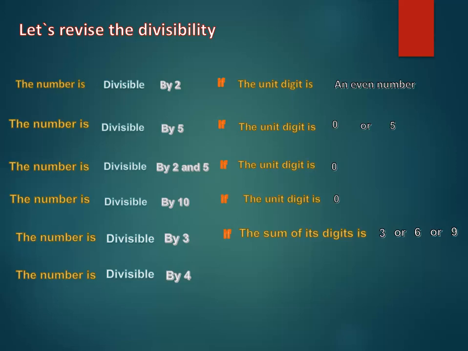But 123 is not divisible by 4 because 23 is not in table 4. Also, if the unit and tens were two zeros, like 100, 200, it is also divisible by 4. So the number is divisible by 4 if the unit and tens form a product in table 4, or the unit and tens are two zeros.